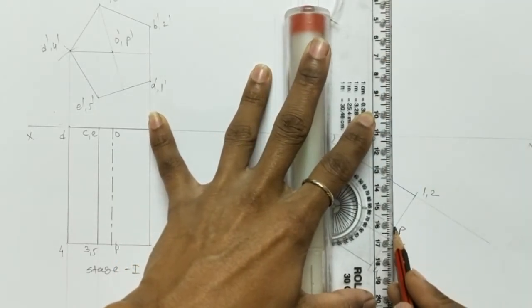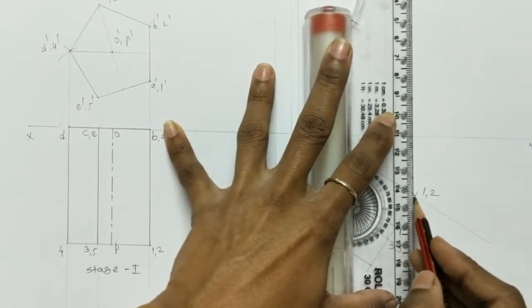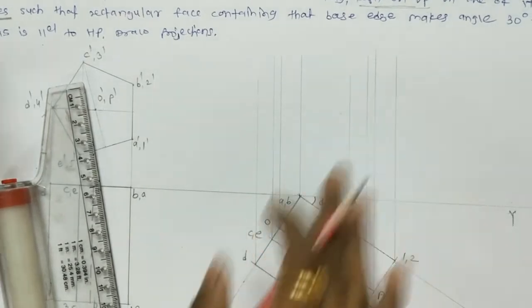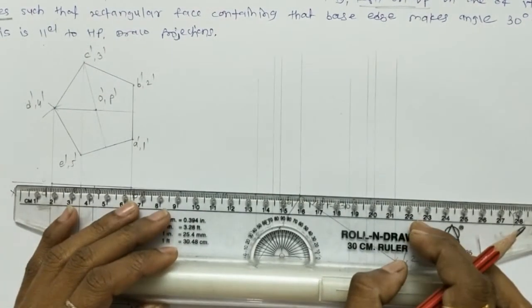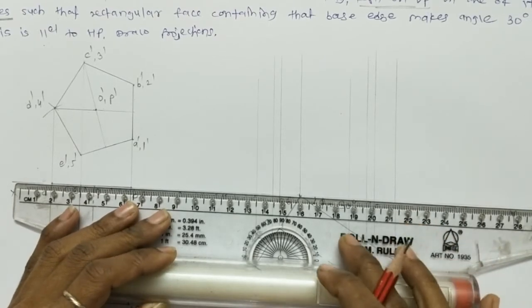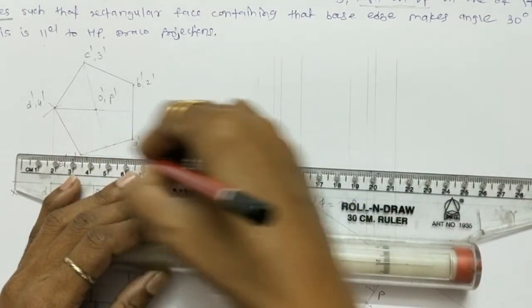So this is a prism. So there are two faces here. Now take projections of this front view.